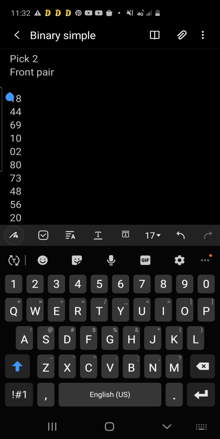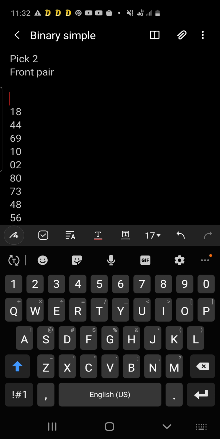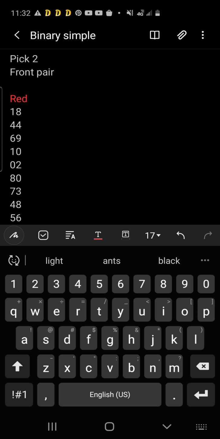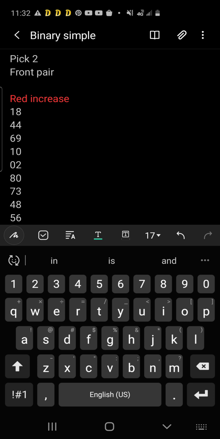All right. So, as a reminder, red increases. Green remains.